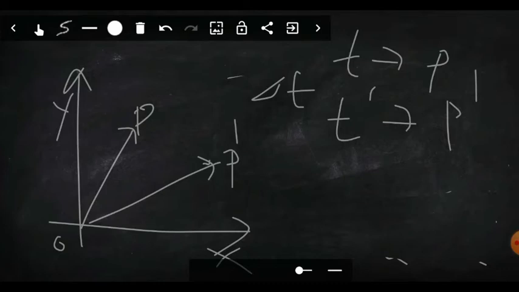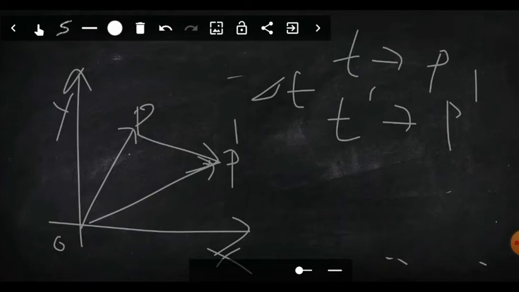During this delta t time interval, the object's position undergoes a change. Whenever a position change takes place, displacement takes place. So the displacement is from P to P dash, the straight line distance between the initial and final position.